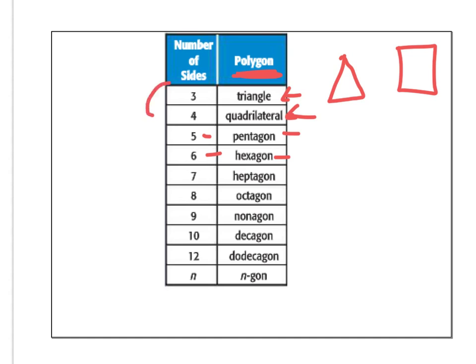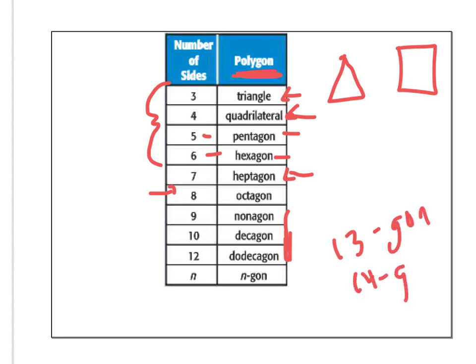These first four, triangle, quadrilateral, pentagon, hexagon, you should definitely know. And then another popular one is octagon. You should definitely know that. Well, heptagon's a little rarer. I think you probably should know that. But then nonagon, decagon, dodecagon, and anything over 12, there are names for them, but we're just going to call them a 13-gon or a 14-gon. That means they have 13 sides or 14 sides. Just a vocabulary slide for you.